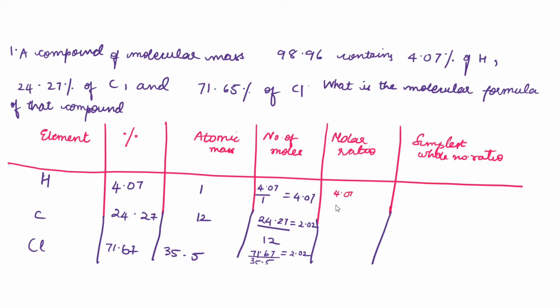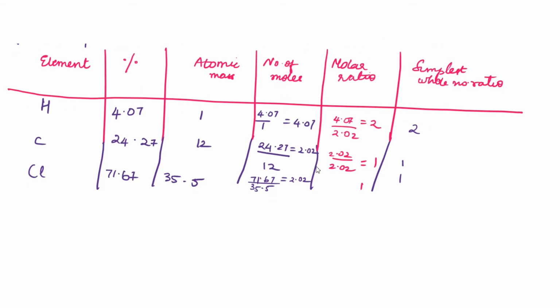It is 2.02. So we divide 4.07 by 2.02, which gives us 2 approximately. Next, find the molar ratio of carbon. Come on, 2.02 by the smallest out of all, again 2.02, gives us 1. Similarly for chlorine also it is 1.